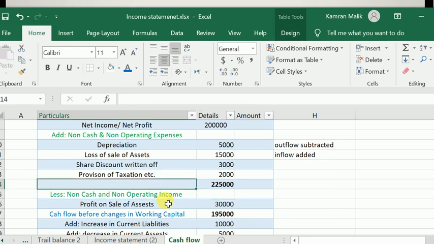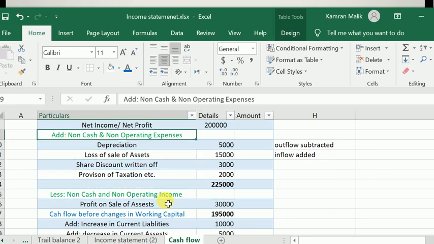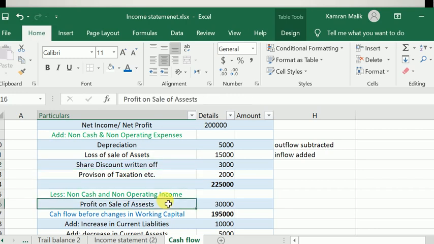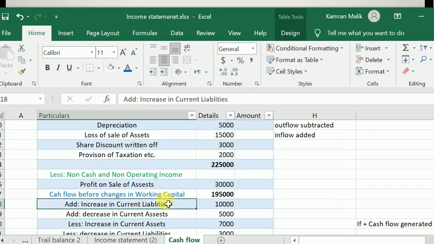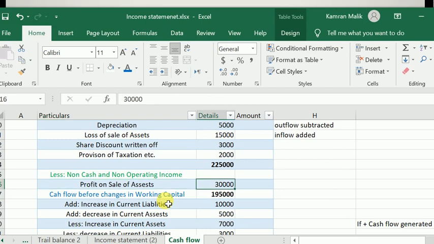So after adding up the non-cash and non-operating expenses, now we deal with non-cash and non-operating incomes, because these are the amounts that are coming to us in one way or the other, right? And now we are reducing. These are the expenses that we are making, and then we put down the non-cash and non-operating income here.